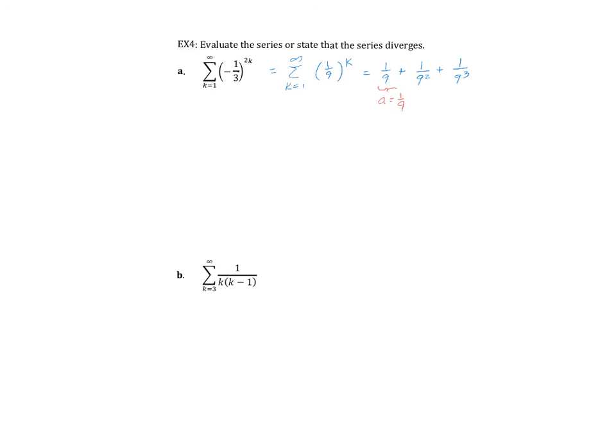And to get from one term to the next, I'm multiplying by 1/9. So in this case, my a is 1/9 and my r is 1/9, which is less than 1, so it does converge. Since it converges, it converges to a over 1 minus r. So definitely need to simplify that: 1/9 over 8/9 would be 1 over 8.